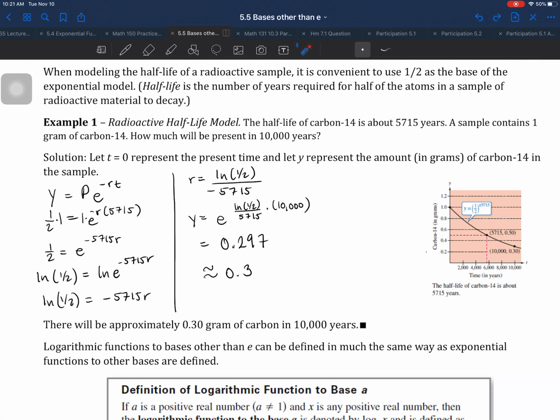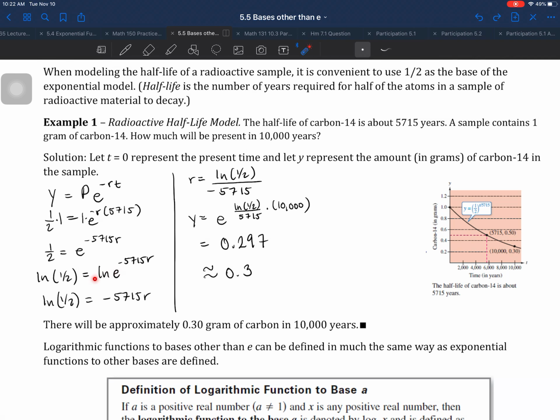Now we're going to use some basic algebra. Remember from last time that if you want to bring down the power, we're going to utilize the natural log of both sides of the equation. So natural log of 1/2 on the left side, and then the natural log of e to the power of negative 5,715 r. Bring down the power to the front.